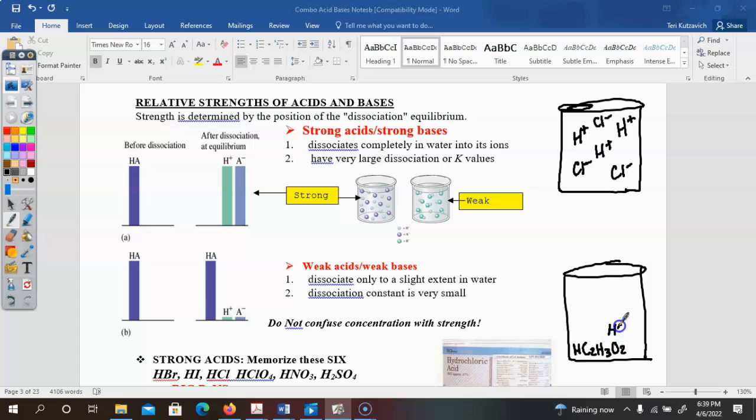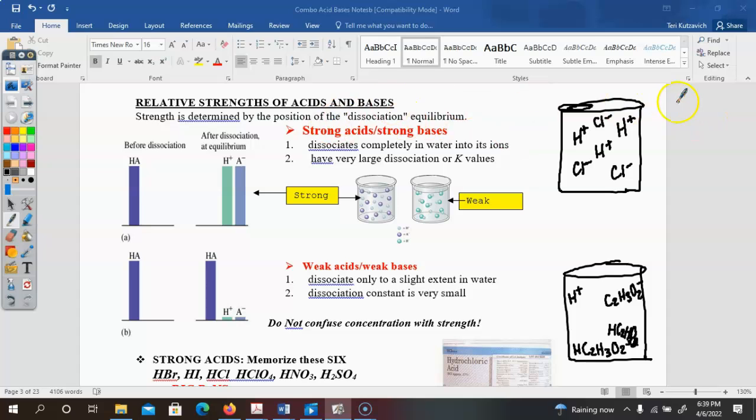You would probably have more acetic acid molecules together, C2H3O2, sorry, too many O's. But then you would have a little bit of ions, because they dissociate a little bit.